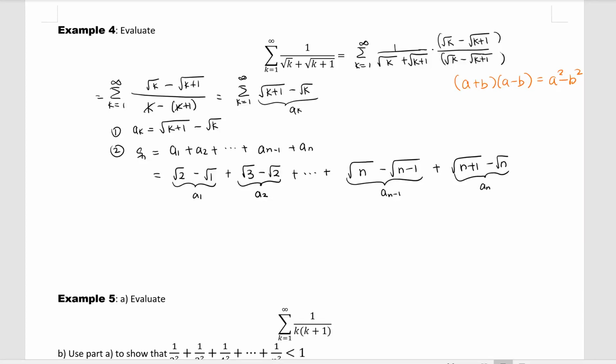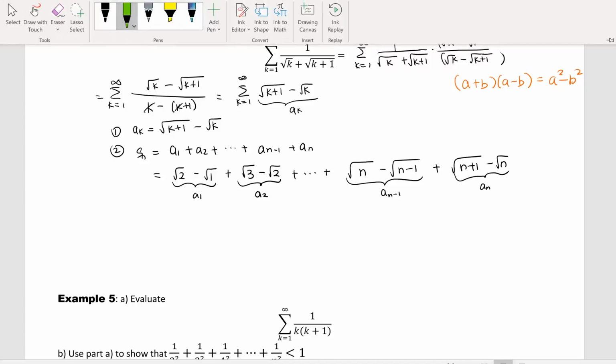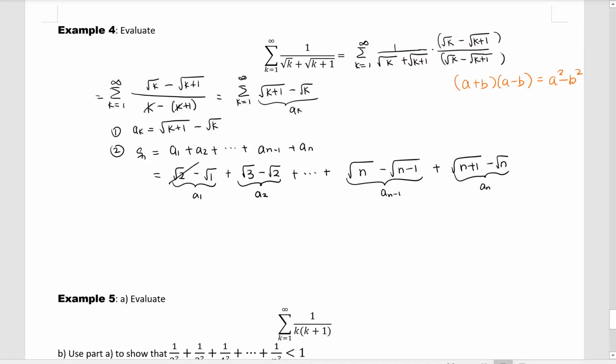Okay, now let's cancel. So let me use different colors. So here you can see square root of 2 cancels. And square root of 3 will cancel with something inside the dot dot dot. Here, see, square root of n cancels, and this guy will cancel with something in the dot dot dot. So what is left? Well, we have square root of 1 is 1, and then at the end, we have square root of n plus 1.